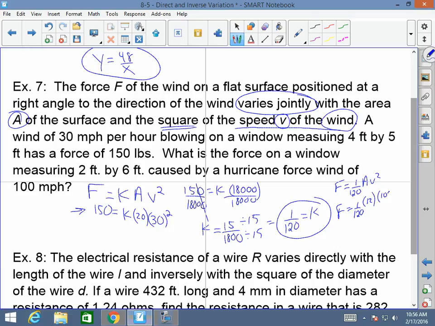So we got 100 squared. Okay? So here, just doing simple math, 12 divided by 120, that'd be 1/10, correct? And then 100 squared would be 10,000. Cancel out one of the zeros, so my force would be 1,000 pounds.